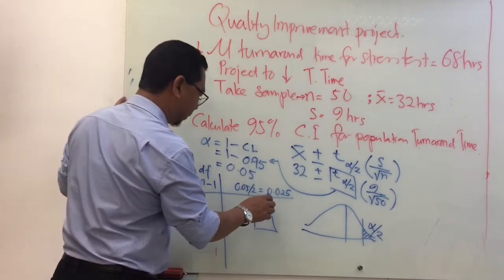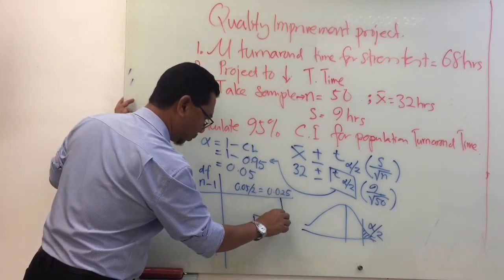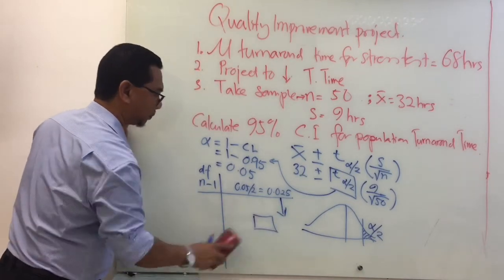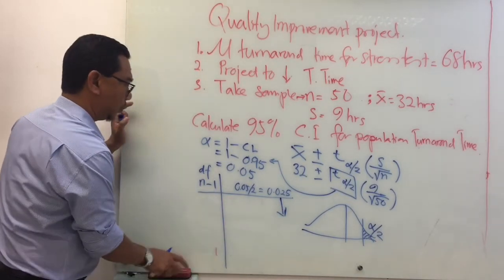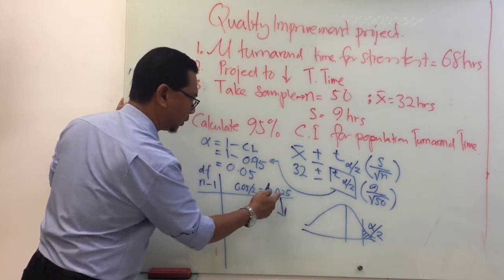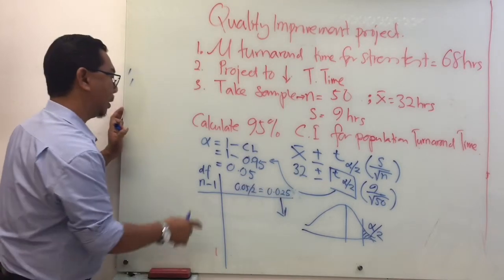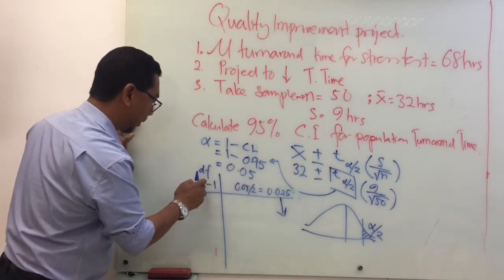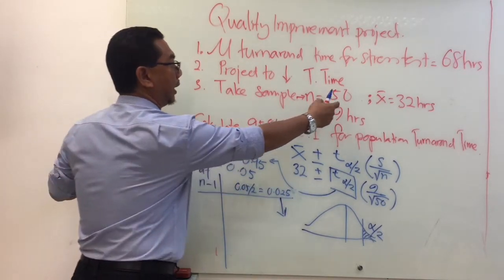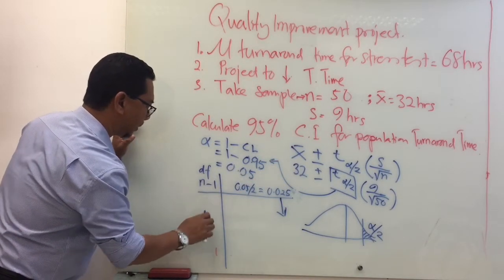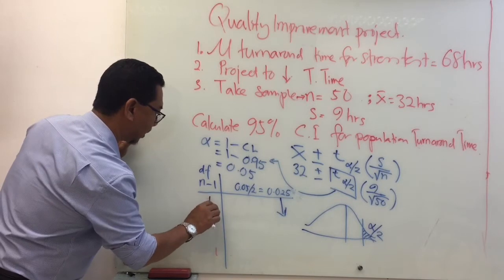So we look at the intersection with alpha divided by 2 of 0.025. The degree of freedom, n is 50, so 50 minus 1 is 49.